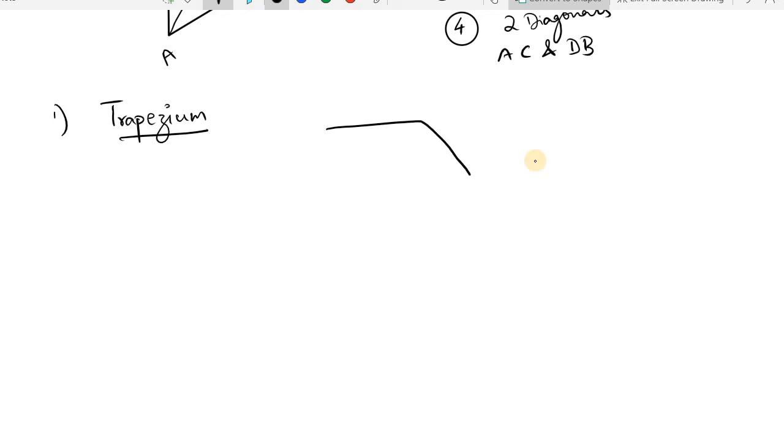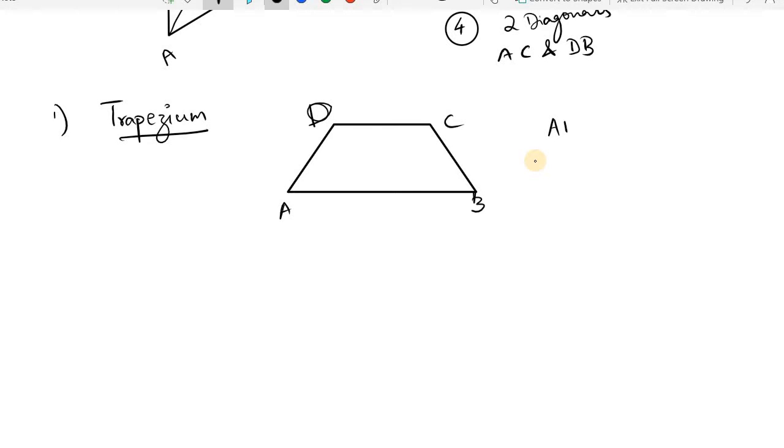So in this, if I take A, B, C, D as the vertices, then we can see that AB is parallel to CD.